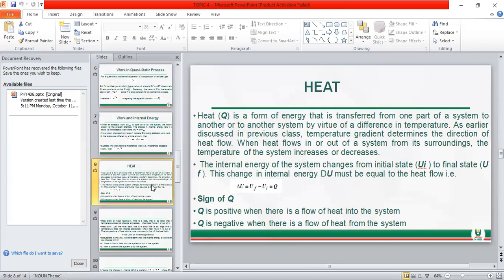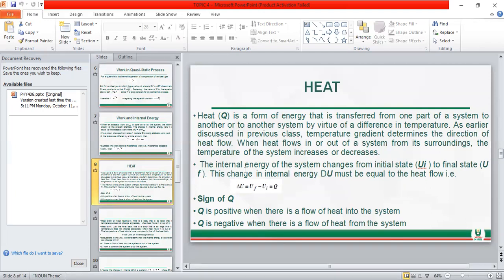An example of that is when you have boiled water and you leave it for some time. Let's say the final temperature is 100 degrees centigrade, and the initial is, let's say, 90. 100 minus 90 is 10.